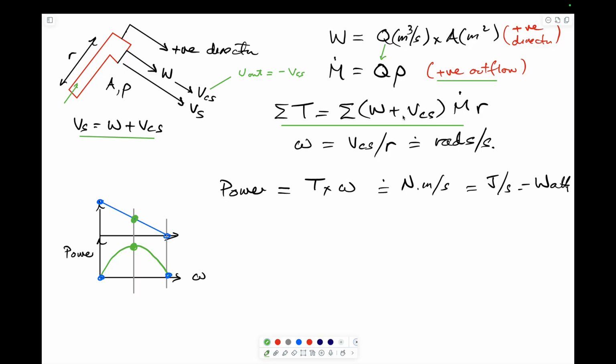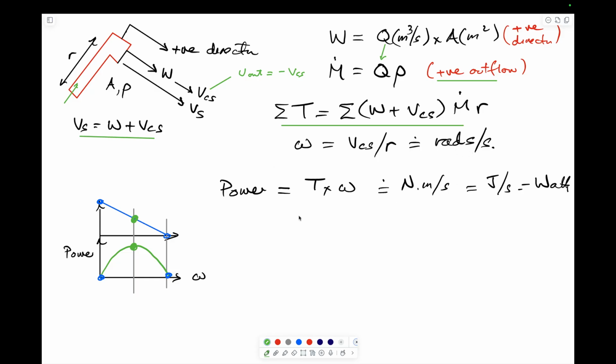This gives you a velocity of the control surface, so this would give you the velocity at which this head would be moving, and if the velocity of the water is coming out like this, then the actual velocity of the head would be directed this way, but that would come out of the solution. And if you need to convert a velocity into a rotation rate, you divide the velocity through by the radius of rotation, and that gives you a value in radians per second.